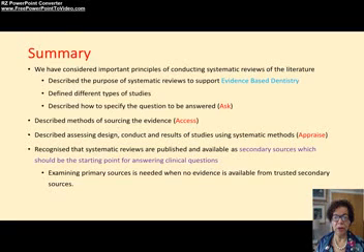In the final steps, we introduced you to appraisal, assessing design, conduct and results of individual studies. Many systematic reviews are already published and have been incorporated into clinical guidelines. It is essential to use trusted resources.